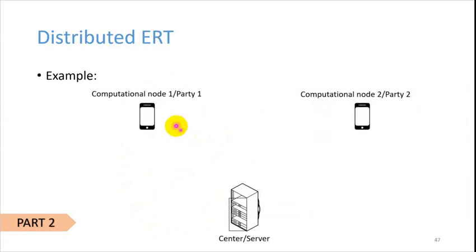So these are our two parties or computational nodes which hold the data, and this would be our server which is interested in learning a classifier based on the data that exist on these two parties. And we want to use the ERT algorithm for learning.